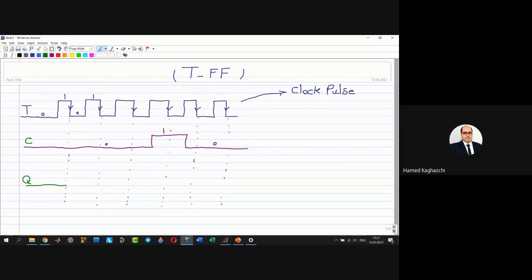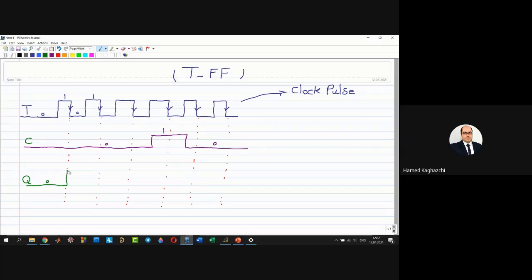It means that I can change my output using the transition signal. Now I reach the downward edge of the pulse. What happened here? My output, which is at the 0 level, will toggle, because my transition signal is in its downward edge.